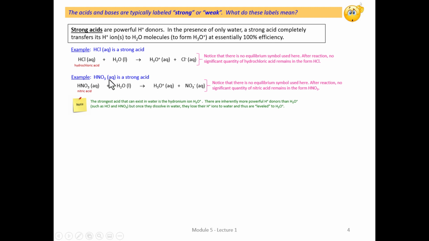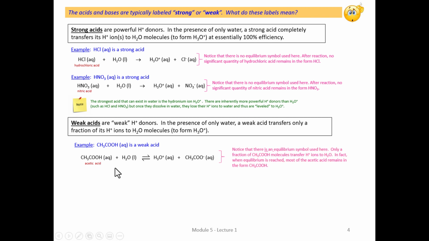But once they dissolve in water, these strong acids lose their H+ ions to water and are just leveled to the hydronium ion. So in water, the strongest acid that can exist is a hydronium ion. If you add an acid to water that's a stronger acid than the hydronium ion, it'll get leveled right down to a hydronium ion.